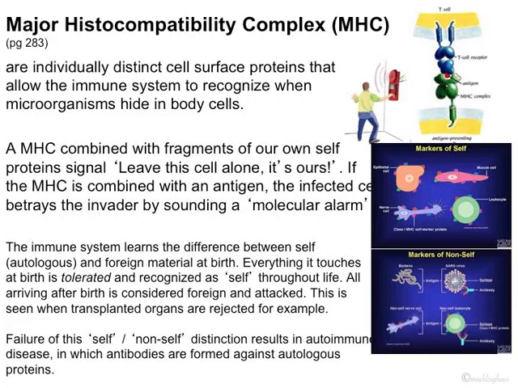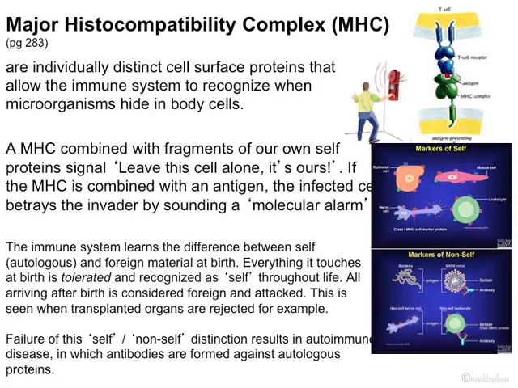But if that MHC is combined with an antigen, as we see with the antigen-presenting cell in the previous slide, the infected cell betrays the invaders by sounding the molecular alarm. It says, hey, we got it. I've recognized it. I've been invaded. And then the immune system can attack because that's a molecular alarm.